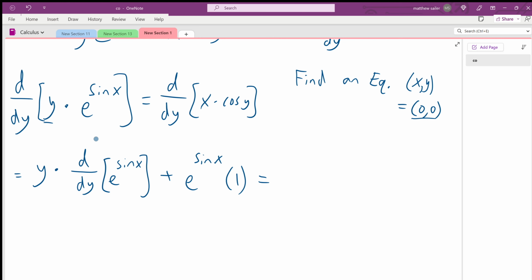So take the first times the derivative of the second. So derivative of cosine of y is negative sine of y, plus the second, so plus cosine of y, times the derivative of the first. So derivative of x is 1, but it's with respect to y. So it's really 1 times dx dy.